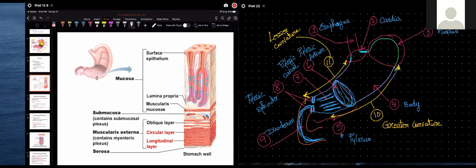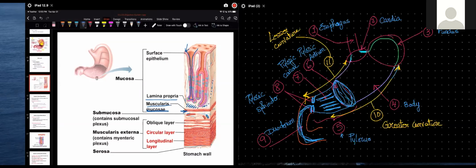So I have pits on here. But it's still the same structure. I have epithelium, I have connective tissue underneath. This is my lamina propria. I have a thin muscle layer, muscularis mucosae.